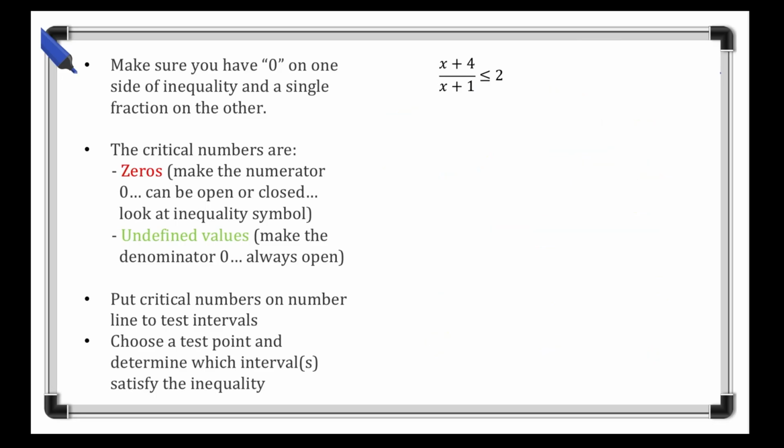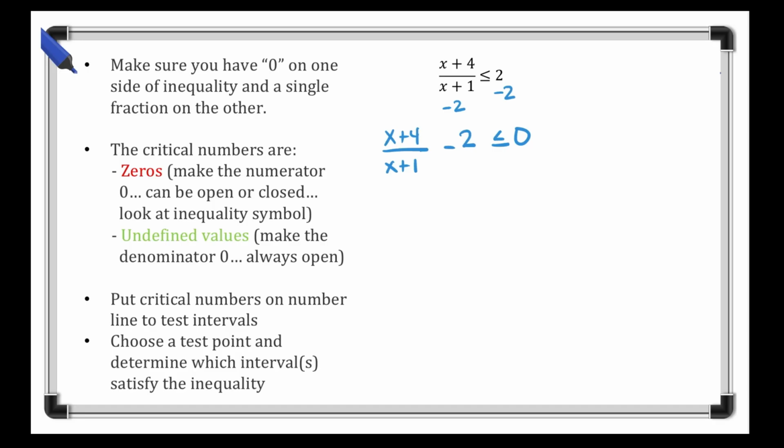All right. In this question, what you're going to notice is that you have a single fraction, but you actually do not have 0 on one side. So what you're going to have to do is subtract 2 from both sides. So you're going to have (x plus 4) over (x plus 1) minus 2 is less than or equal to 0.